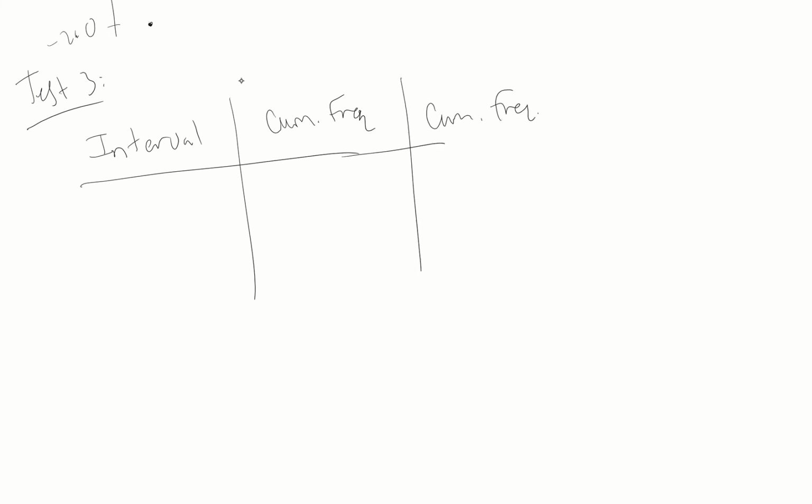We need to reiterate the intervals we did earlier, and instead of frequencies, we'll do cumulative frequency and cumulative frequency percent. We'll copy down the values from the histogram we did last time.